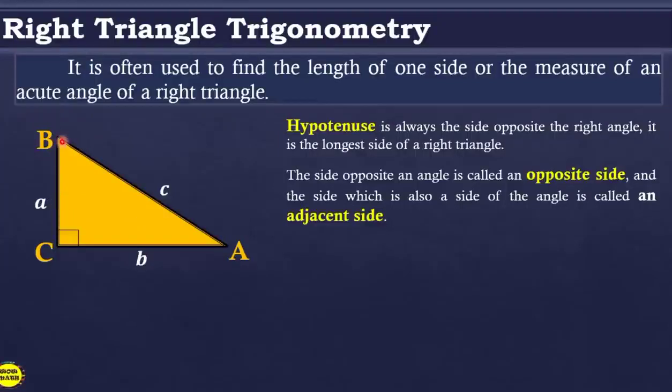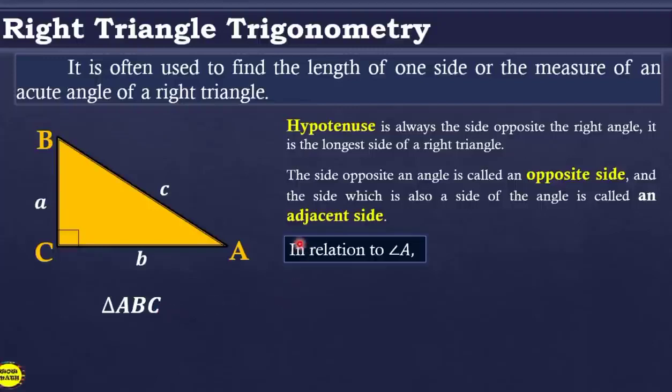So, again, this cannot be your adjacent side. And this cannot be your opposite side. Okay, so if this is your angle, opposite, adjacent. So I have here triangle ABC.